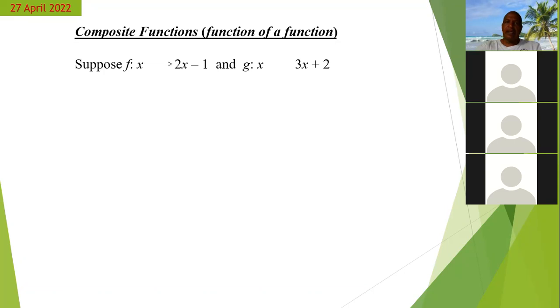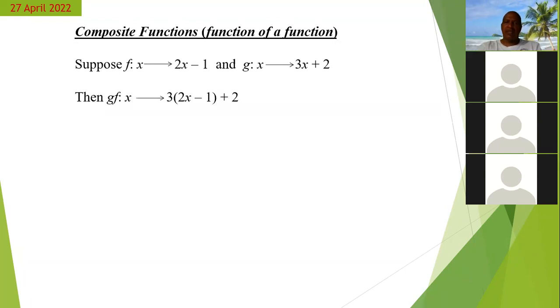All right. Now, generally for composite functions, what we're really doing is merging two functions together to make a new function, right? And that's why we call it a composite function.